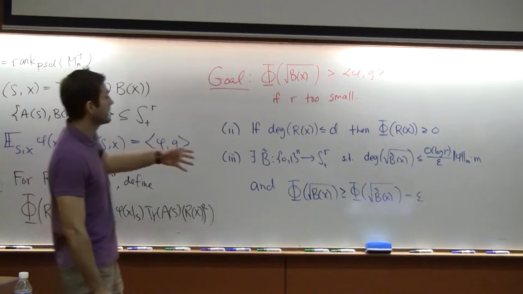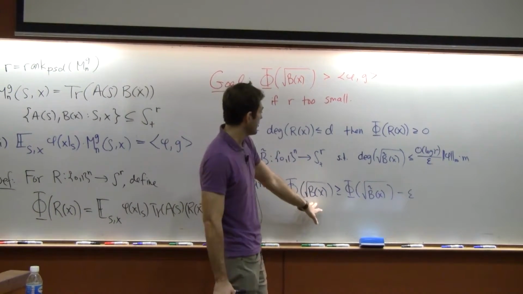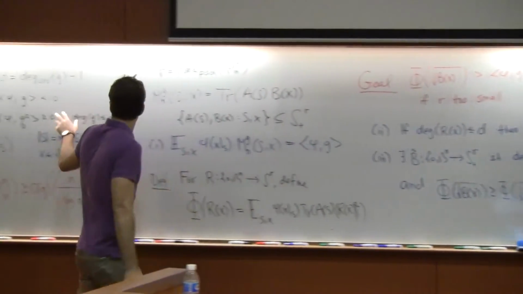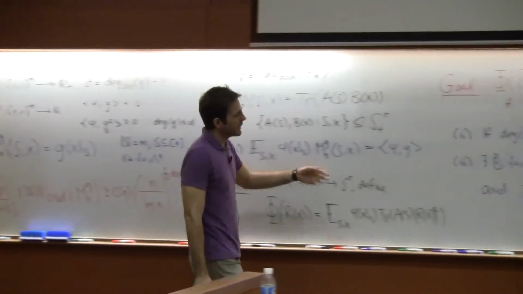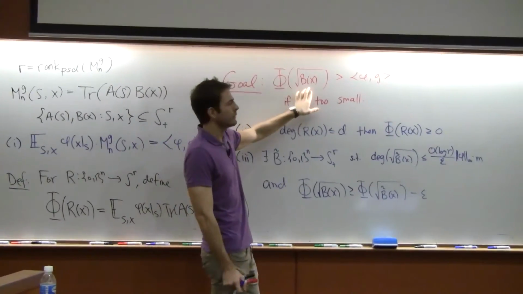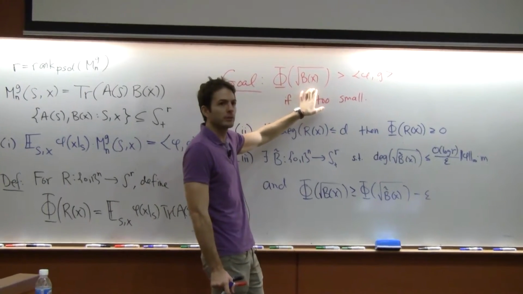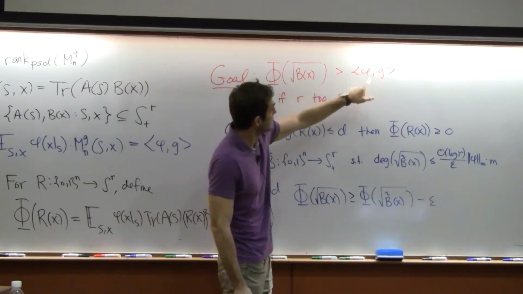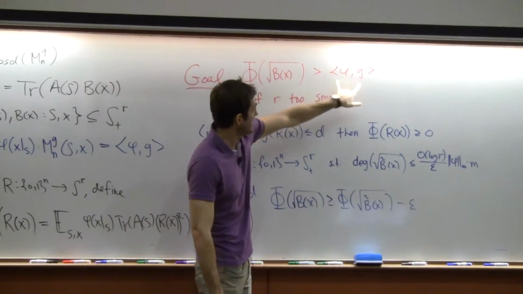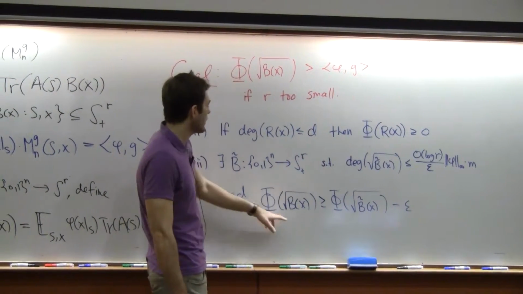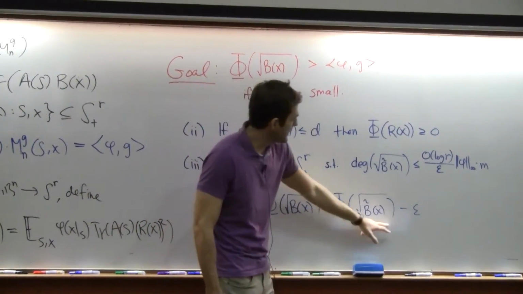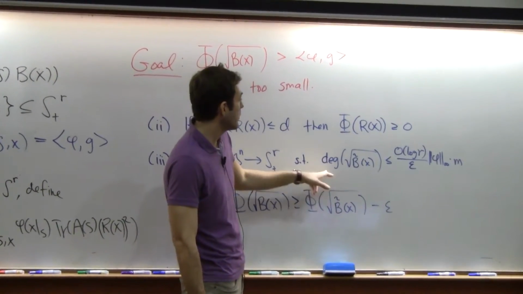We're almost done because we want this thing to be... So this quantity here is negative. We're not going to get this thing to be positive, but we'll get it to be very close to 0. So we just need it to be closer to 0 than this negative number. You can see where we're going. We can lower bound it by this thing, which has somewhat low degree.